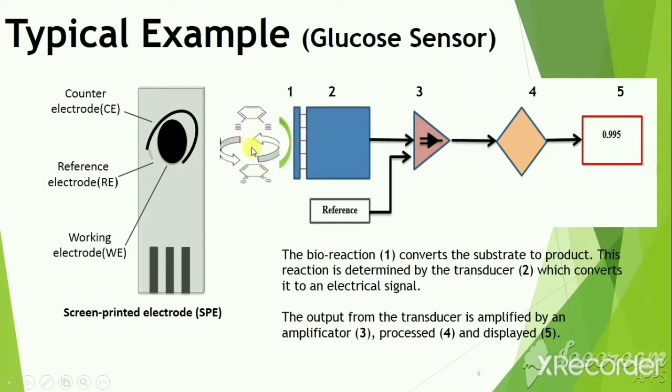For example, in our case, catechol will be oxidized on the surface of the sensor. And this oxidation reaction will be converted to an electrical signal using a transducer, and this signal will be amplified and then processed inside the electronic device, and at the end will be displayed on its screen.